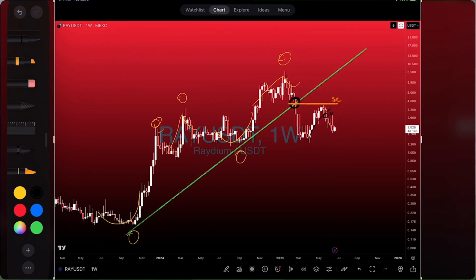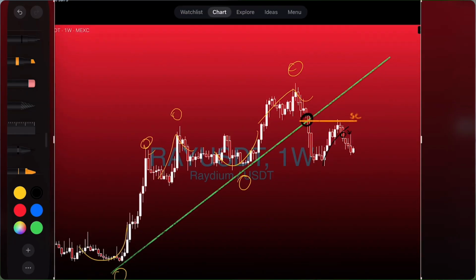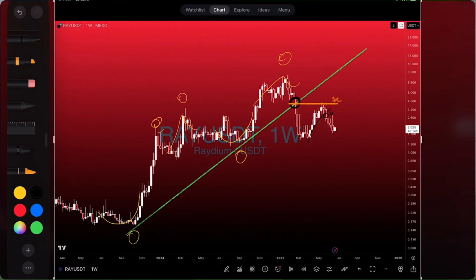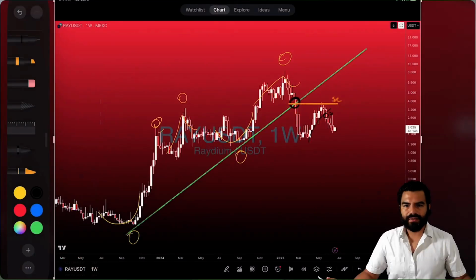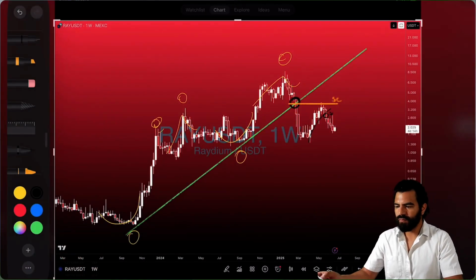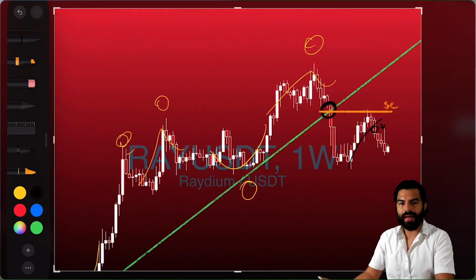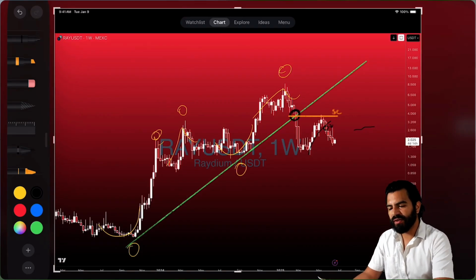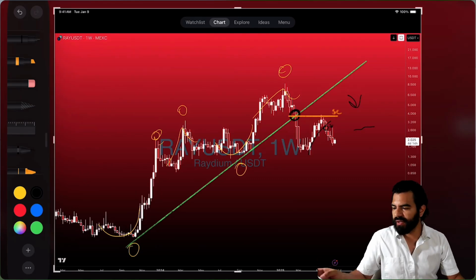Okay, the next thing we're going to draw is the event line. The event line is going to be where price, the last thing that happens before the breakdown. So if this really is weakness, we need to calculate where the next health or support will come in.